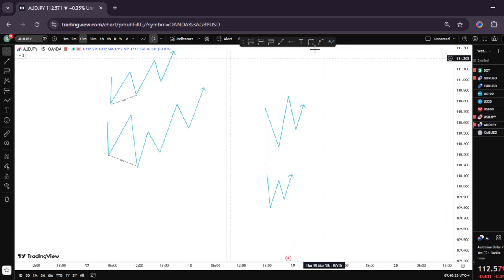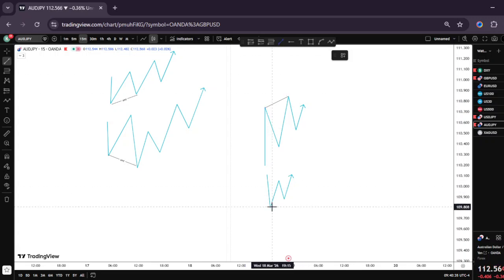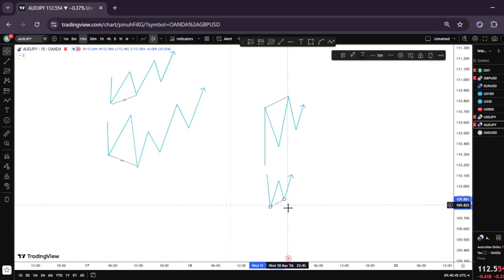You see, because they are a negatively correlated pair, DXY made a higher high here at this point, but EURUSD failed to make a lower low. Sorry. Yeah. So in the case of a negatively correlated pair, you will have something like this.